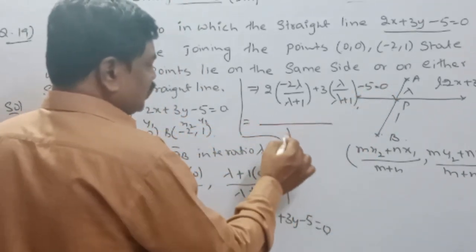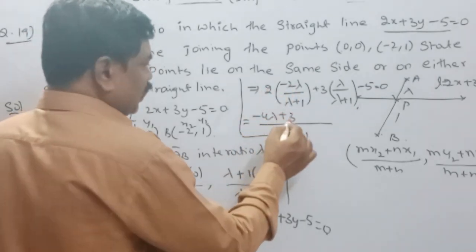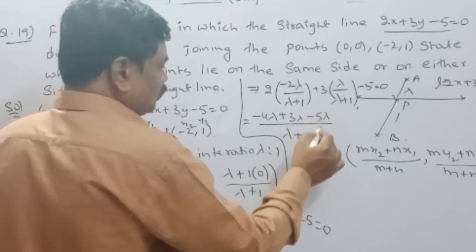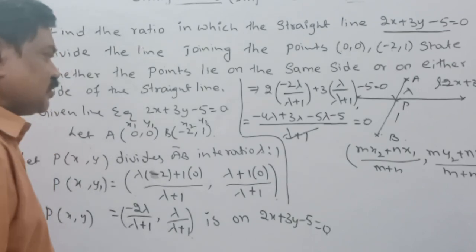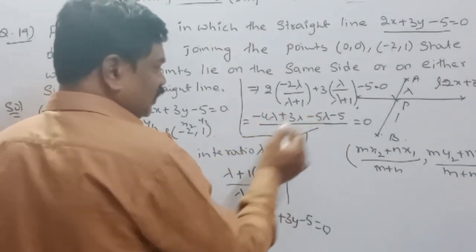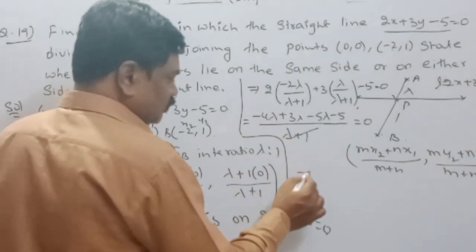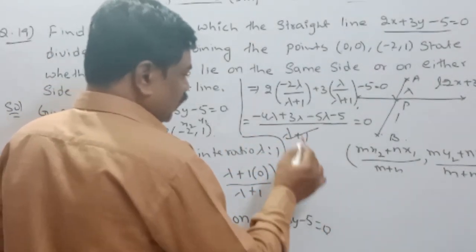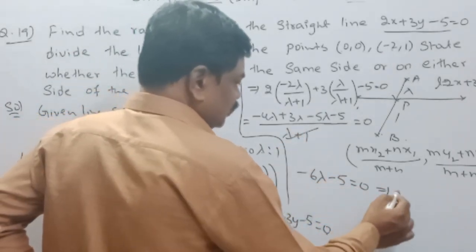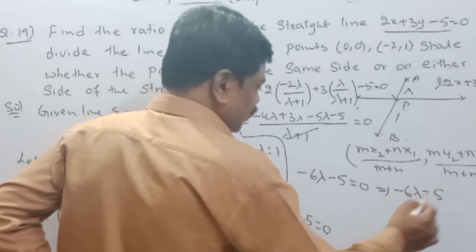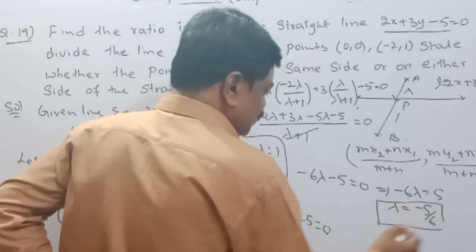Taking the LCM lambda plus 1: minus 4 lambda plus 3 lambda minus 5 lambda minus 5 equal to 0. By simplification, minus 6 lambda minus 5 equal to 0, which implies minus 6 lambda is equal to 5, so lambda is equal to minus 5 by 6. What is the ratio?